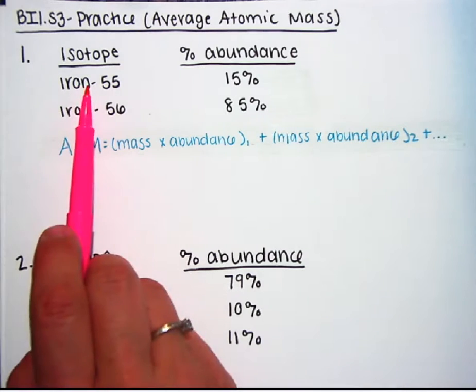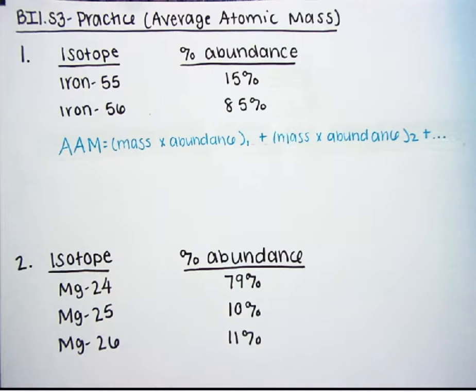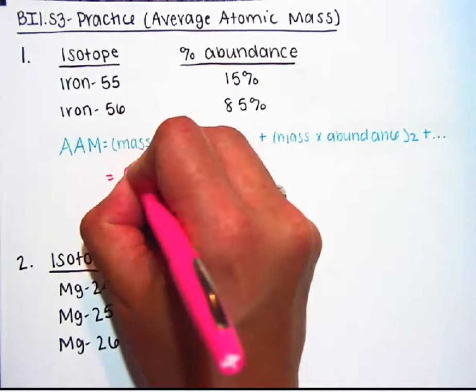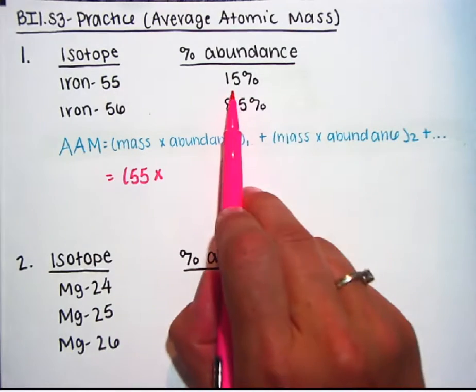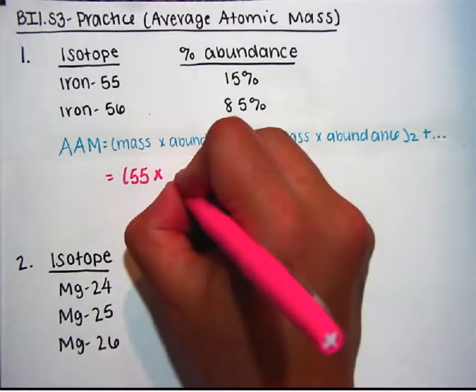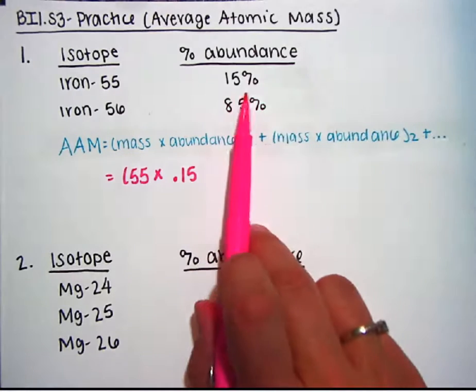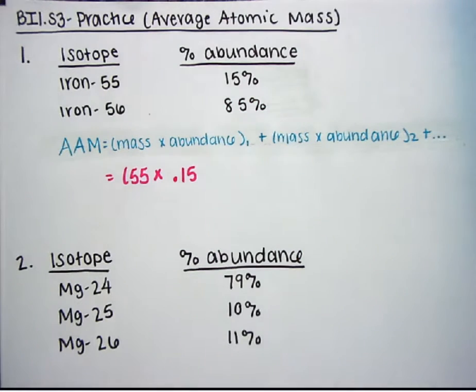When we have this notation system, this is the element, this is its mass number. So my first isotope has a mass of 55 times its percent abundance is 15%. To get the number out of percent form, we divide by 100.